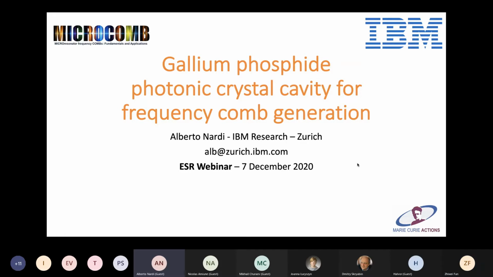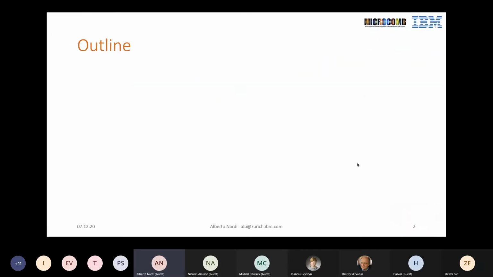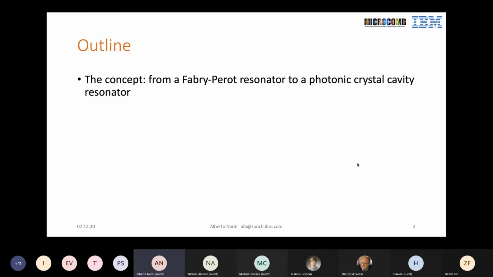I'm Alberto Nardi from IBM Research Zurich, and as Jiwei just told us, I'll be talking about gallium phosphide photonic crystal cavity for frequency comb generation. I first want to talk about the outline of my presentation. First, I want to explain the concept of the device, how we start from a Fabry-Perot resonator and we move to a cavity resonator.